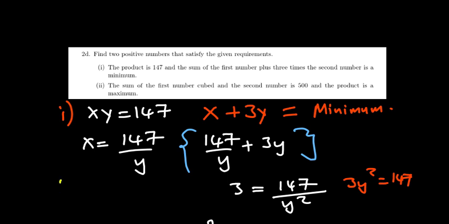On the left we have y squared equals 49. So if you find the value of y, it will be plus or minus 7, right? Now remember our question said we're interested in only the positive numbers. So we're only interested in positive 7 as our y value, so y is equal to 7.